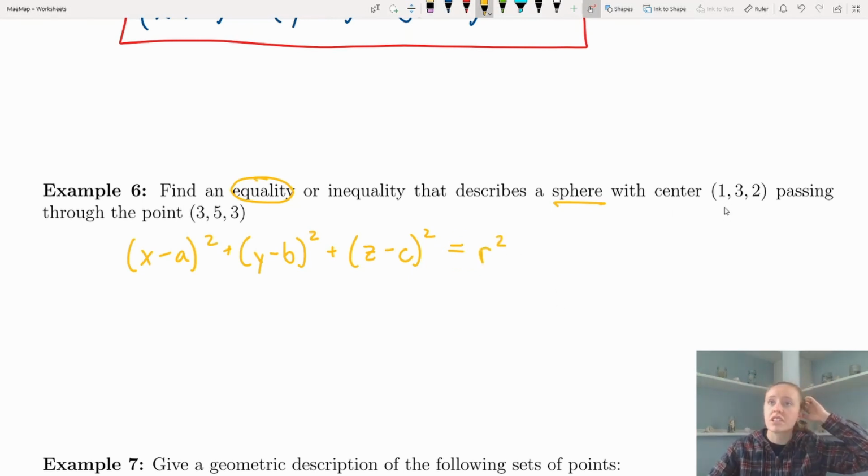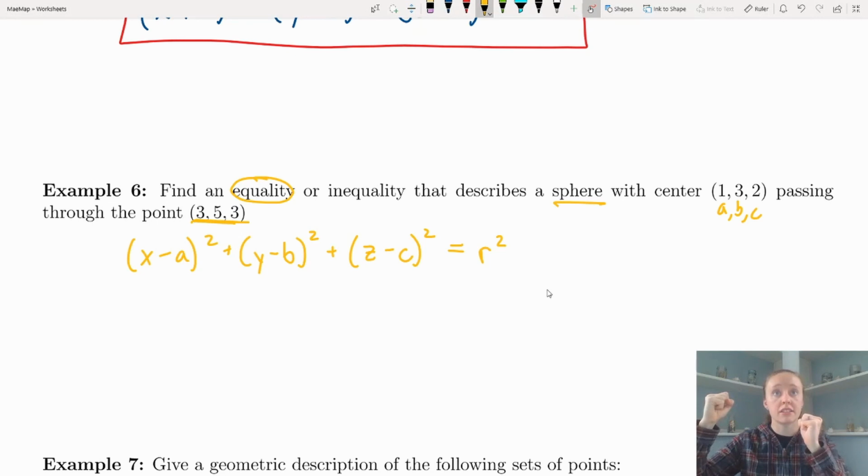Now it gives us our center, a, b, c, as 1, 3, 2. What it doesn't give us is our radius. However, we can solve for our radius because we know if we're centered here and our sphere passes through this point, we can find the distance from our center to that point, and that's going to be our radius.